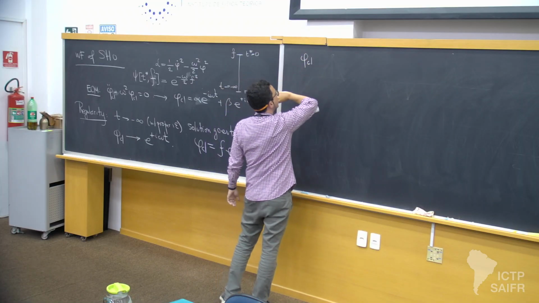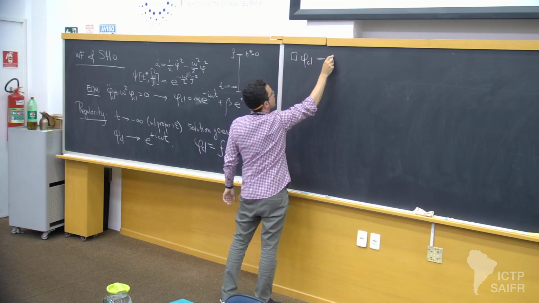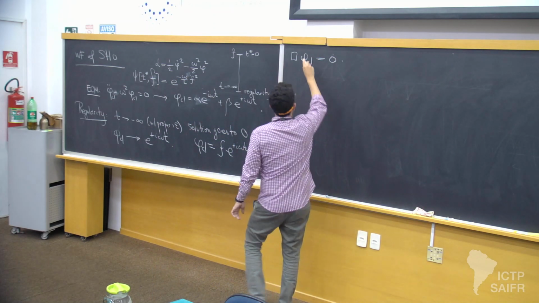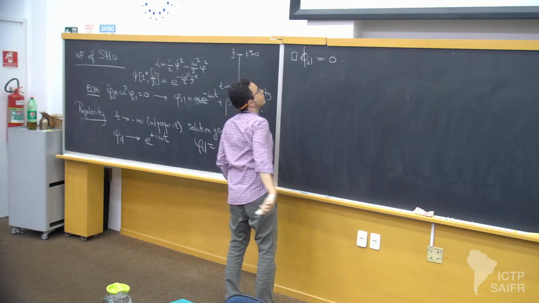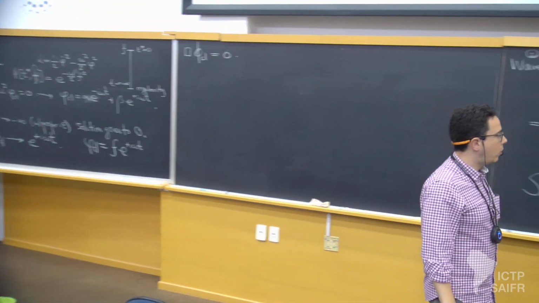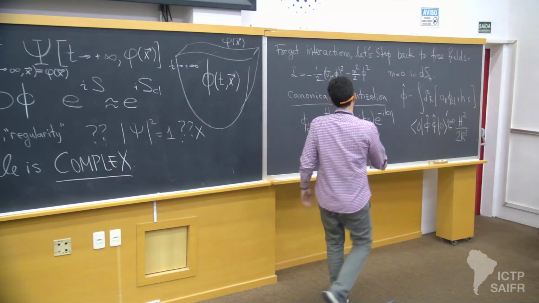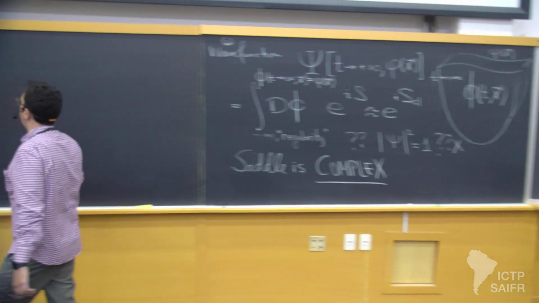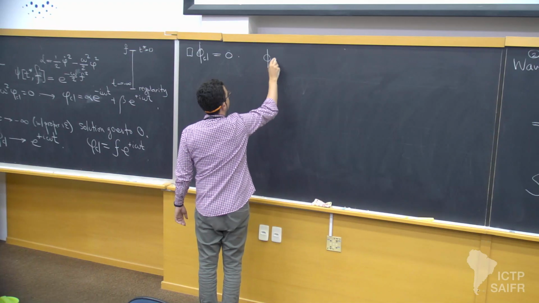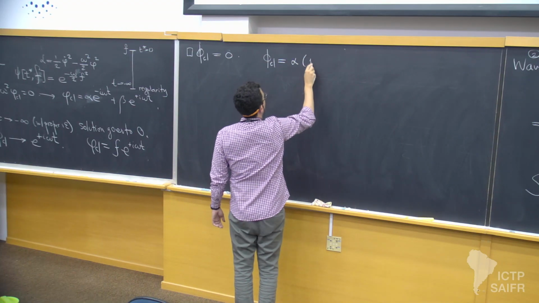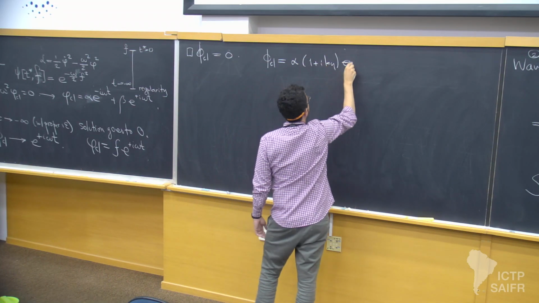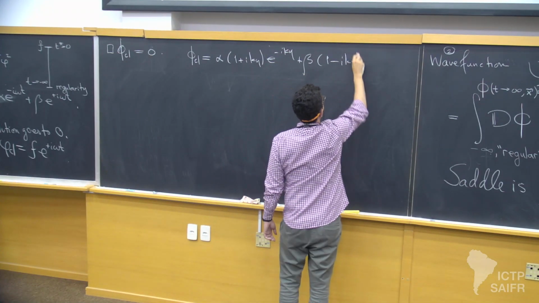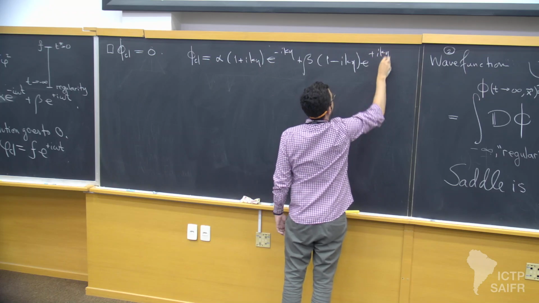must solve the equation that box is 0, the de Sitter box. And then it's this type of phi. Remember that, in my conventions, the general classical solution is going to be alpha (1 plus i k eta) e to the minus i k eta plus beta (1 minus i k eta) e to the plus i k eta.